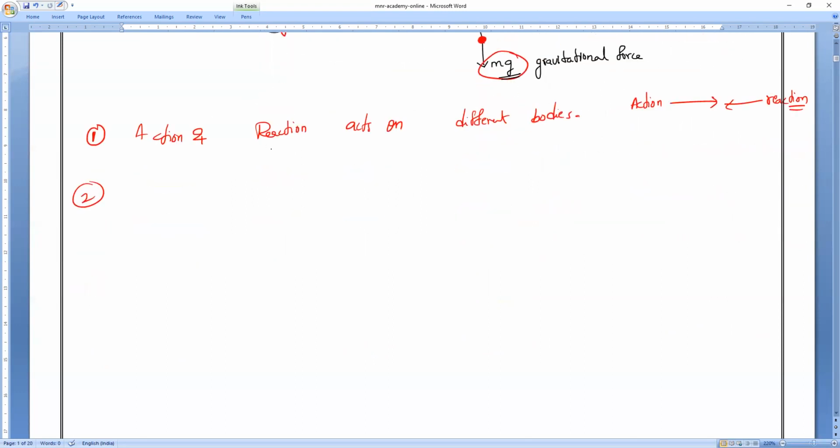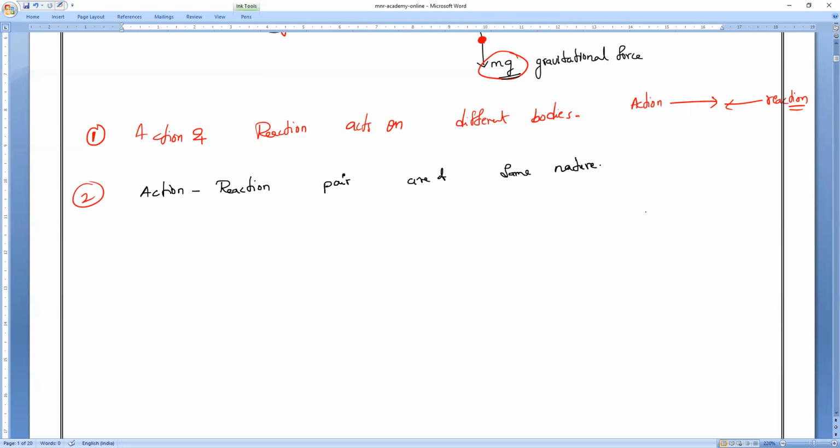Gravitational force and normal reaction are not of the same nature, so they are not a pair. Keep it in mind: in Newton's third law, the action and reaction pair are of the same nature. Understand, guys? That is what you should understand.